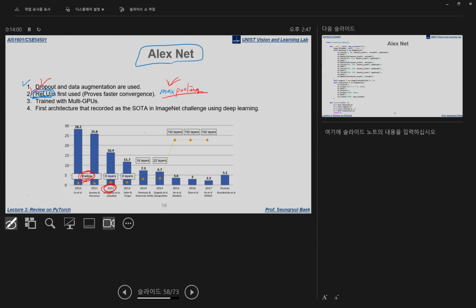Okay, but here, if there is some graph where the x-axis denotes the 1980s, then there's also the LeNet architecture here. Okay, but here they only start from 2010, so there's no LeNet here.